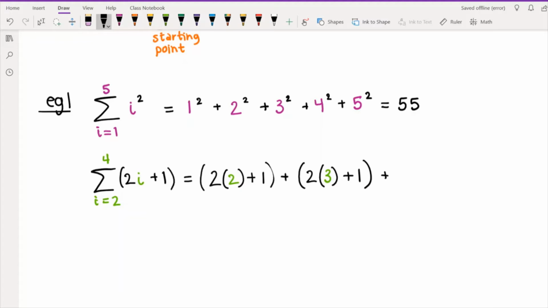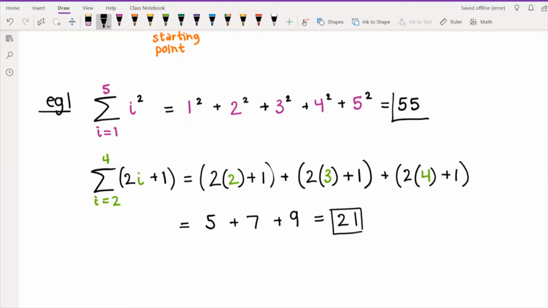The third term would be 2 times 4 plus 1. And that's it, right? Because we're only supposed to go from 2 to 4. So when we add these up, the first one is 5, the second one is 7, the third one is 9, and so together those add up to 21.